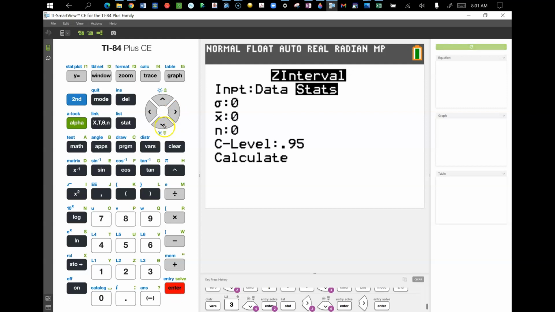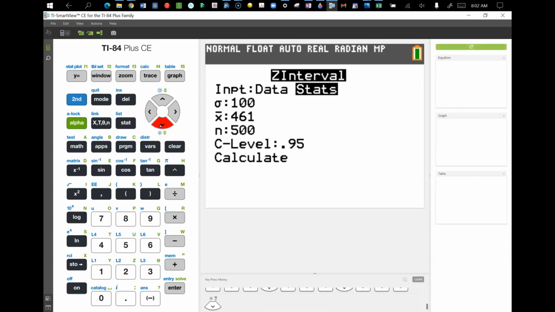We're going to go to our population standard deviation, which you'll remember we assumed was 100. That also is an indicator that you're using the right thing because it's asking for a population standard deviation there and not a sample standard deviation. Our sample mean, 461, and our sample size, 500.